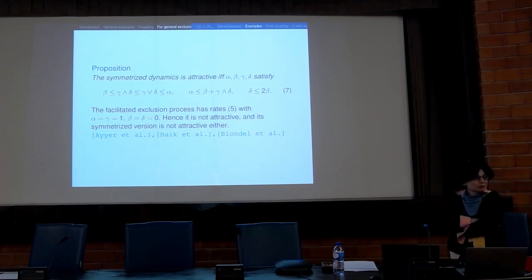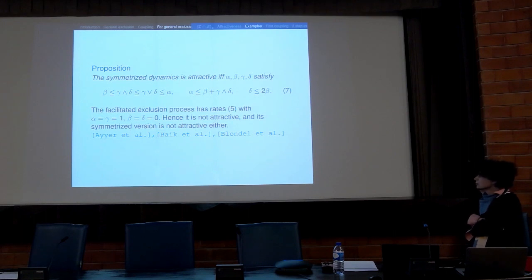It's not attractive, we know that, but even the symmetrized version is not attractive. So that's kind of strange. I did put some references for facilitated exclusion, but there are many more, I imagine. So I just quoted Ayer, Lebowitz, and Speer, which just appeared, or Baek, Barkan, Corwin, and Swedén, or Blondel, Erignoux, Simon, and Saada.